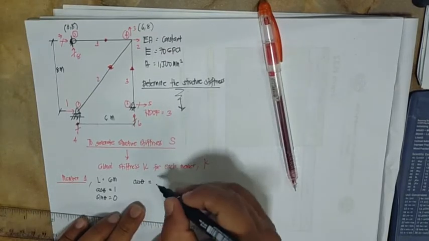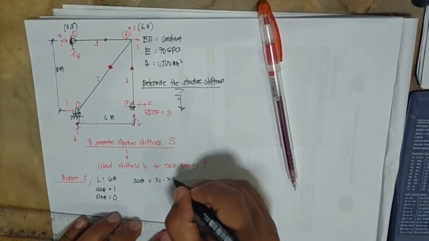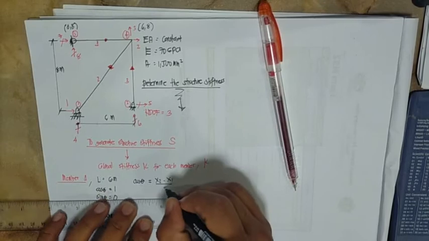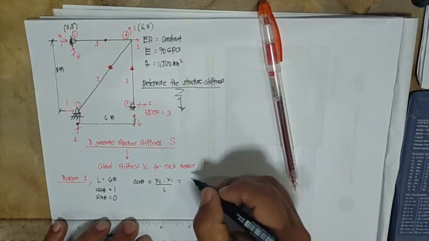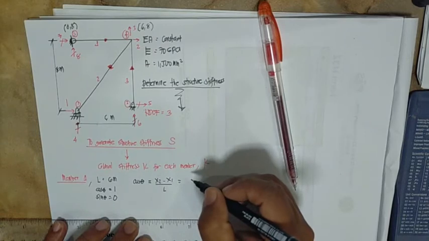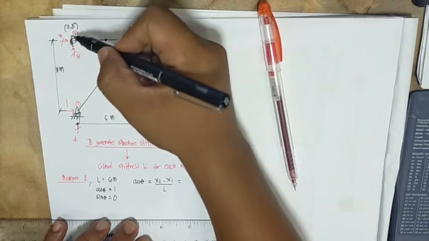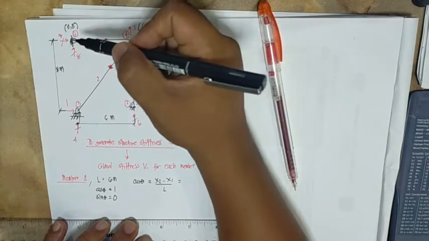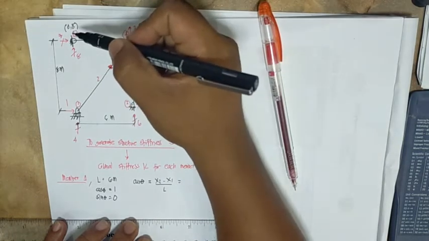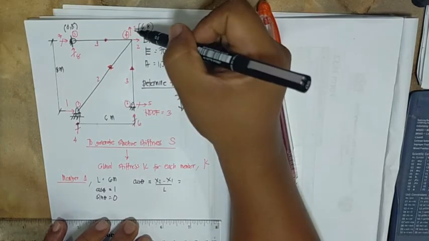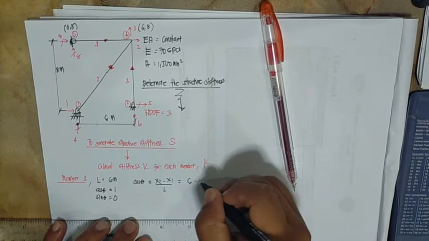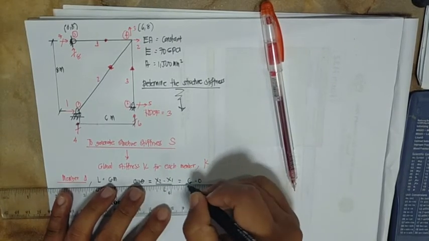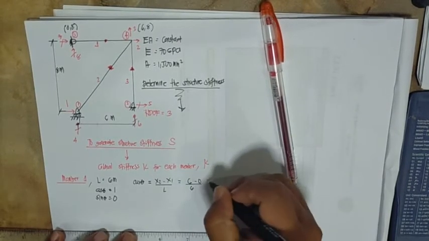So cosine theta is x2 minus x1 over L, which is 6 minus 0 over length, which is 6, is equal to 1.